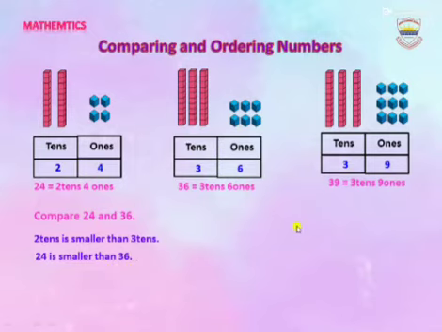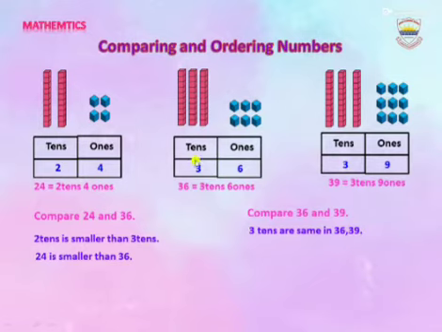Next, we compare the next two numbers 36 and 39. In 36, we have 3 tens, and in 39, we have also 3 tens. 3 tens are same in 36 and 39.